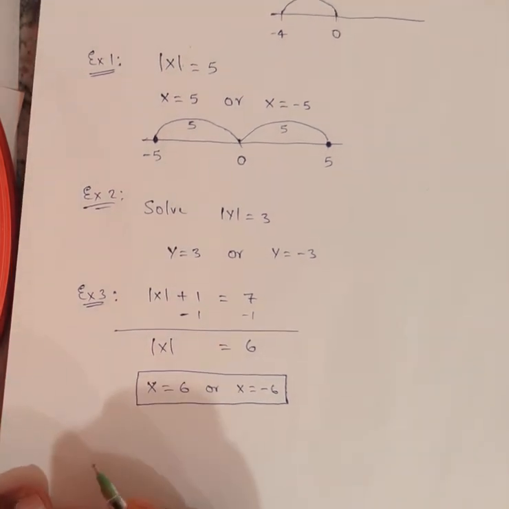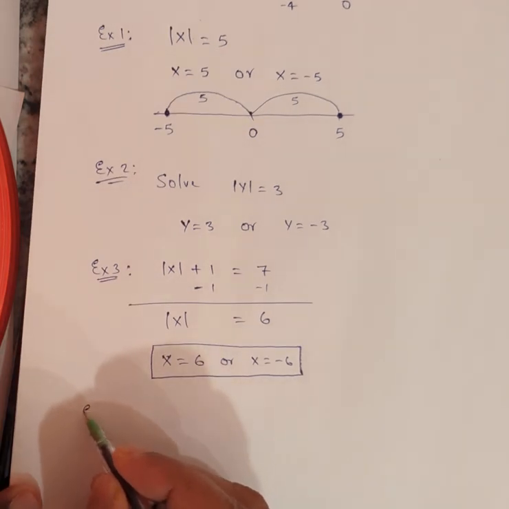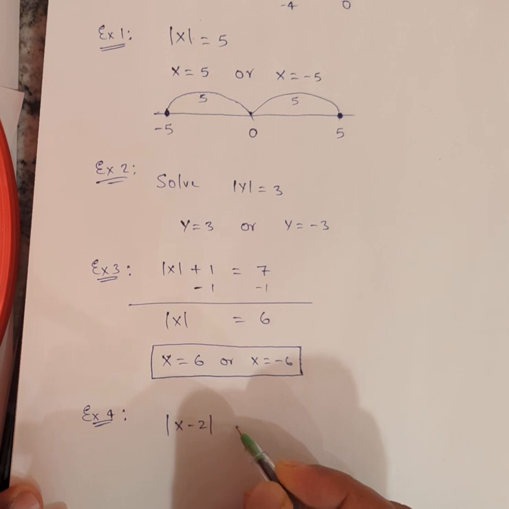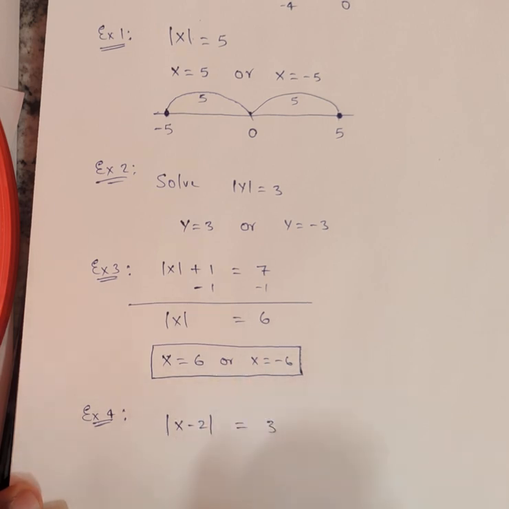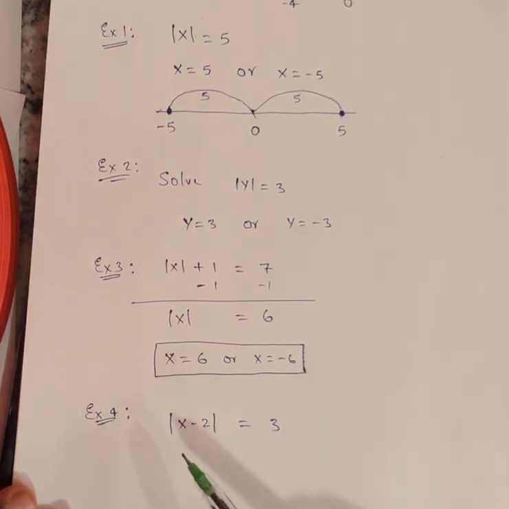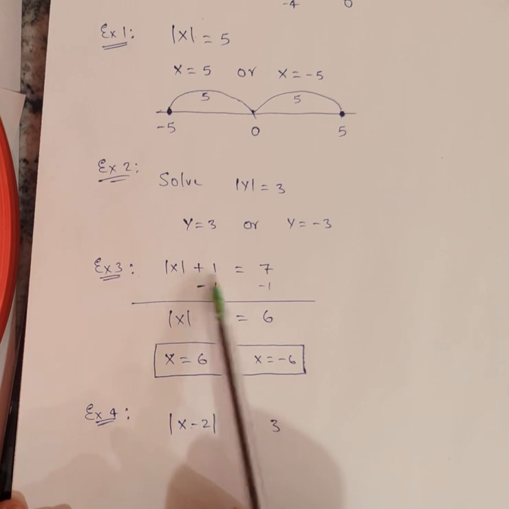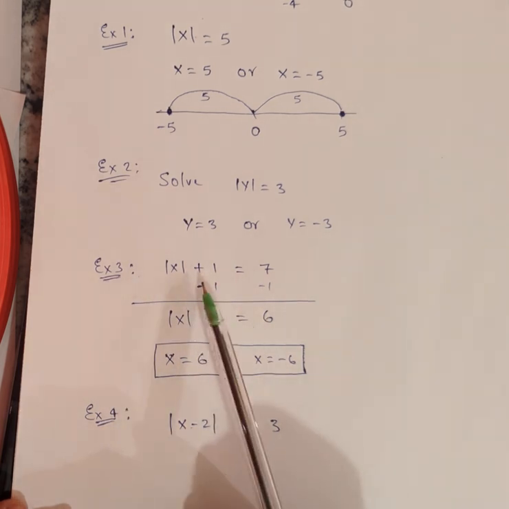All right, one other way the problem could be complicated is by putting in absolute value of x minus 2 is equal to 3. Now notice the minus 2 is within the absolute value, unlike example 3 where the plus 1 was outside the absolute value.